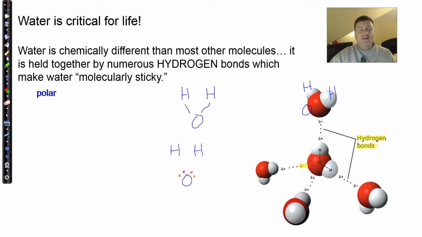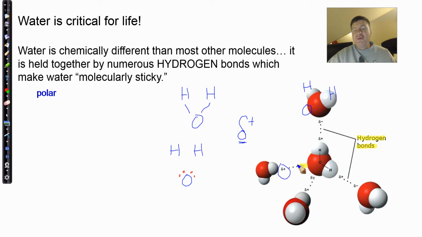I'm going to have a very hard time drawing it with the mouse, but you're going to see something like a little delta with a plus, or a little delta with a minus. That delta means slight. So oxygen has a slightly negative charge because the electrons are next to it. Because you pull negative away from the hydrogen, hydrogen has a slight positive charge.